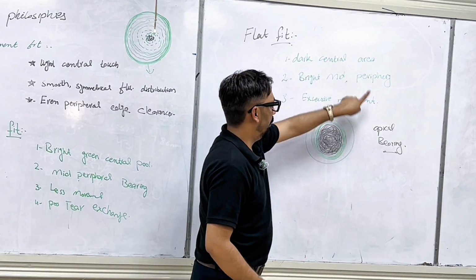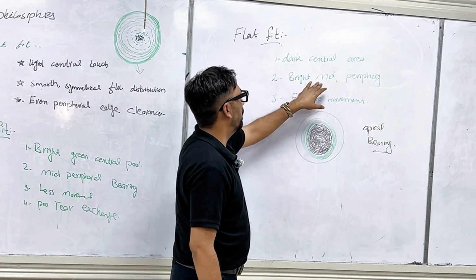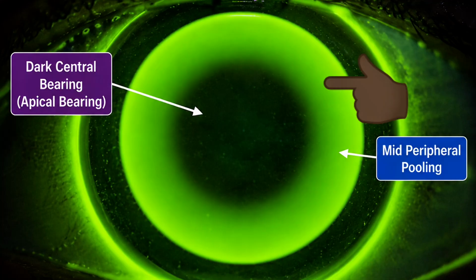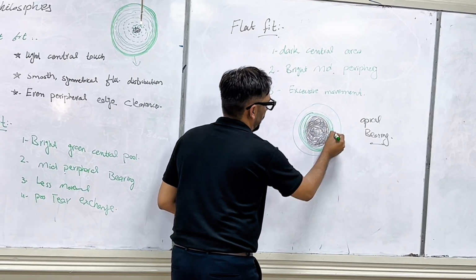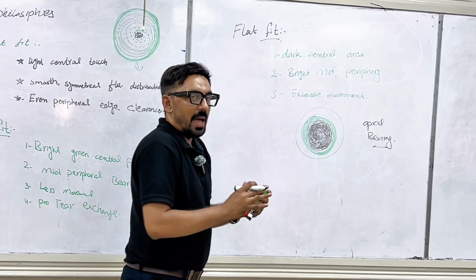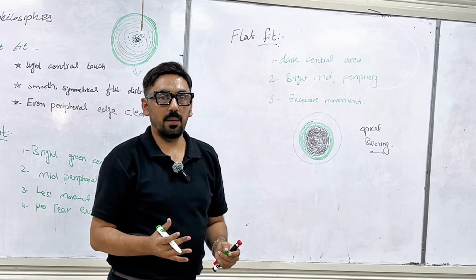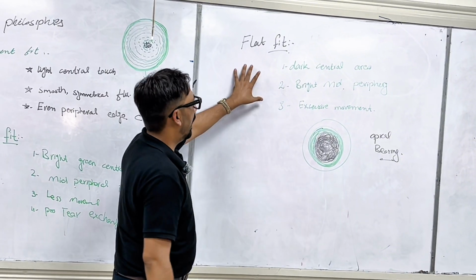Dark central area, which is called apical bearing, and bright mid periphery. In flat fitting, the mid periphery will be brighter, the green brighter, like this, because at the mid periphery there is a gap between the lens and the cornea, right? So this is actually the flat fitting.